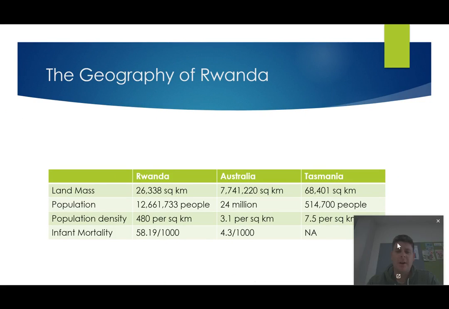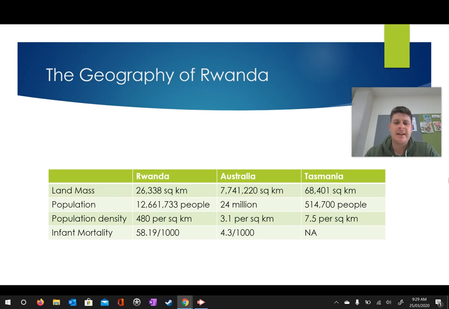Looking at Rwanda, we can see that compared to Australia and Tasmania, it has a smaller landmass, but a significant amount of people. Rwanda is almost one third of Tasmania's size, and yet has 12.6 million people compared to Tasmania's 500,000.